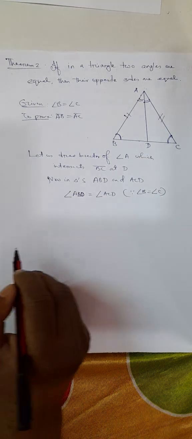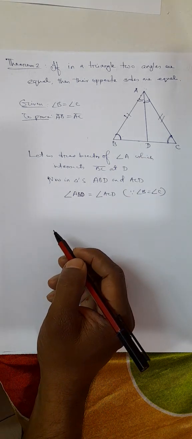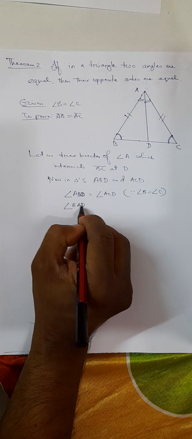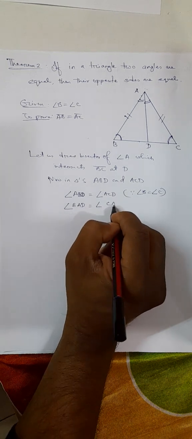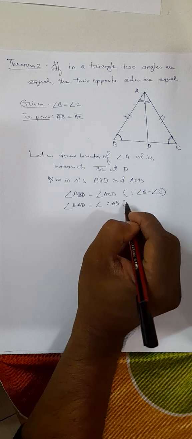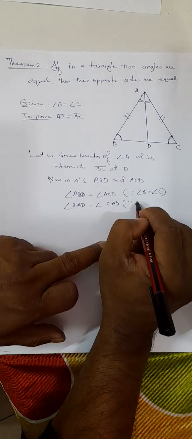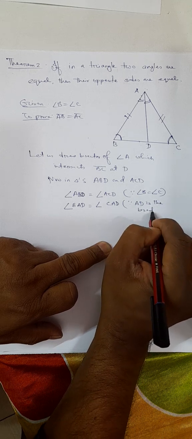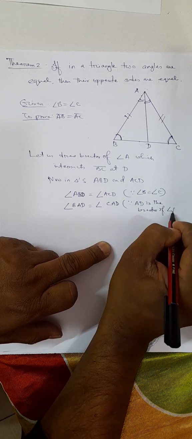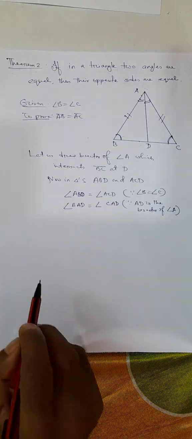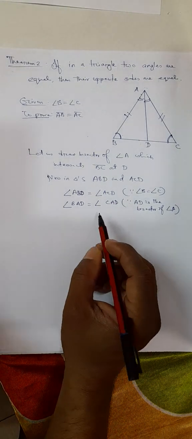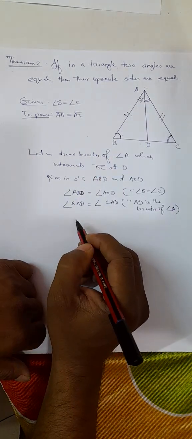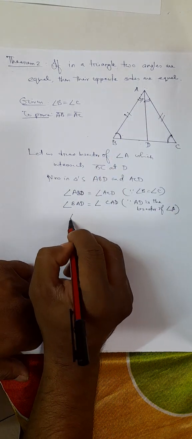right? Then we find angle BAD equal to angle CAD, since AD is the bisector of angle A, right? So these two angles are equal. Then we find that AD equal to AD.